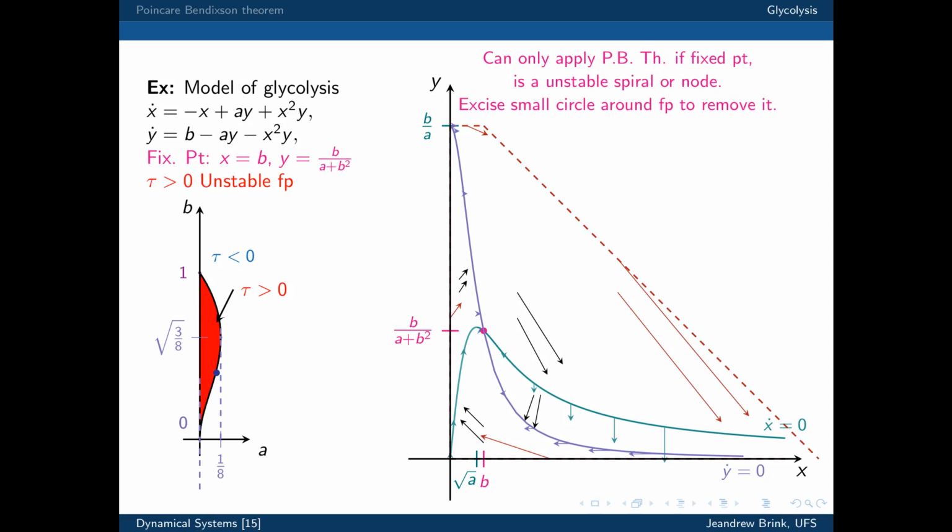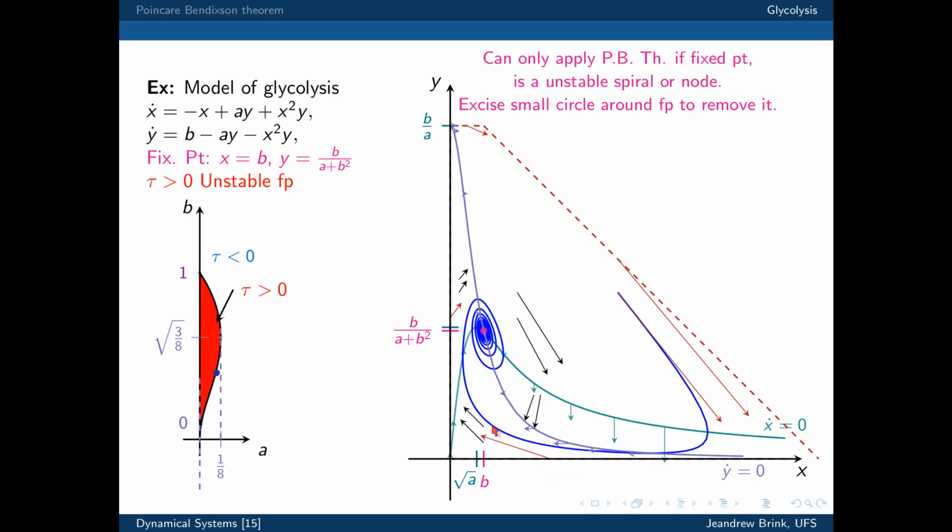And if the fixed point is stable, we can't cut it out because all the arrows around it point to the fixed point. So in this case, if you start anywhere, your trajectory is basically going to follow the arrows over here until it hits the null cline. At the null cline, it goes vertical. It makes a bend because when it hits the next null cline, it's got to be horizontal. It follows the arrows.